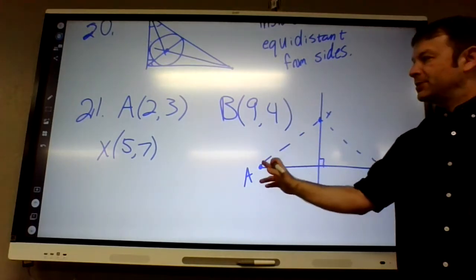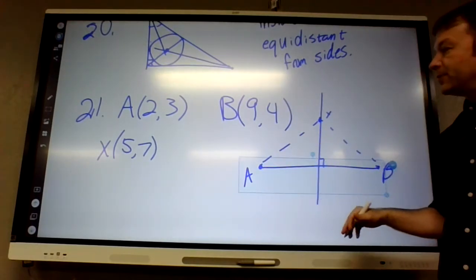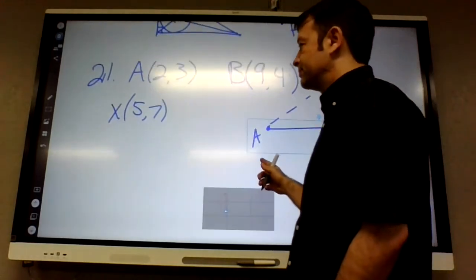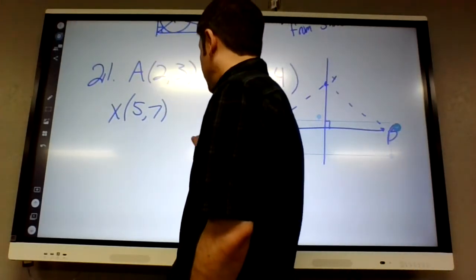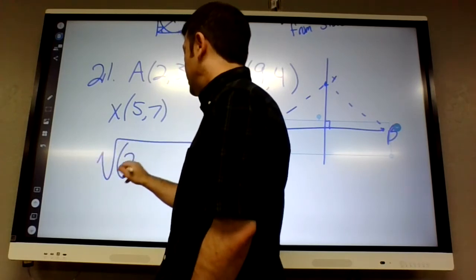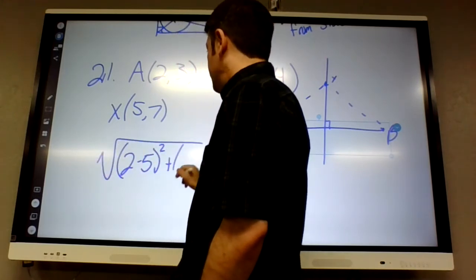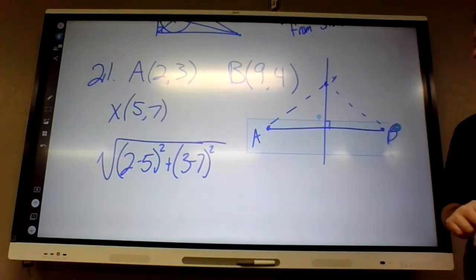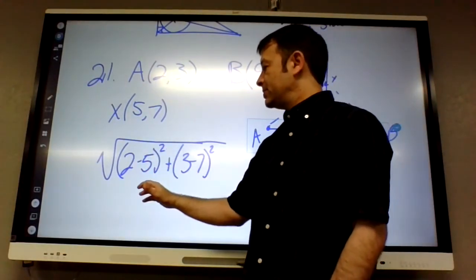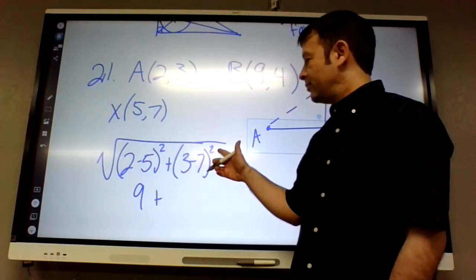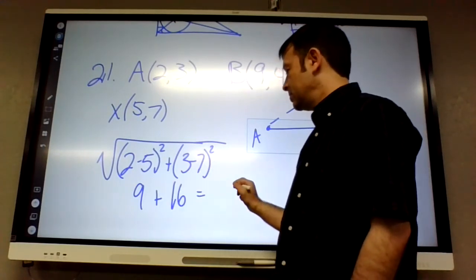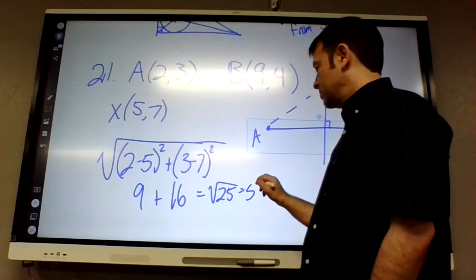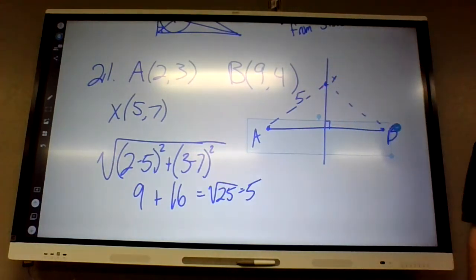So basically they want us to show that X is the same distance from A as B. How do we find the distance from X to A? Okay, use the coordinates here. So square root of (x minus x) squared plus (y minus y) squared. That would be -3 squared is 9. 3 minus 7, -4 squared is 16. So we got 9 plus 16 is 25. Square root of 25 is 5.